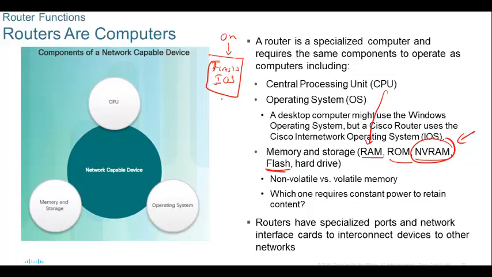That's not the way I should say it. A copy of the operating system gets loaded from the flash. It's not the operating system itself that is loaded. A copy of the operating system gets loaded. The first time you turn on the router, you will see dots, which means it's loading the operating system.